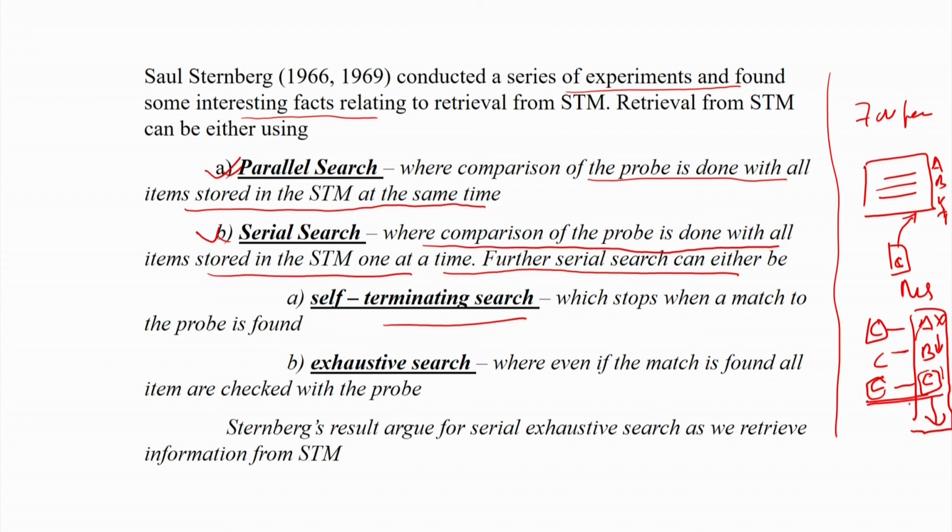But in another form of search, called the exhaustive search, Sternberg says that no matter that this C is matched here, it is again compared to the next item, which could be a B or another C. So, all the items in the memory set are compared one after another with the probe, and that is what is called the serial exhaustive search.